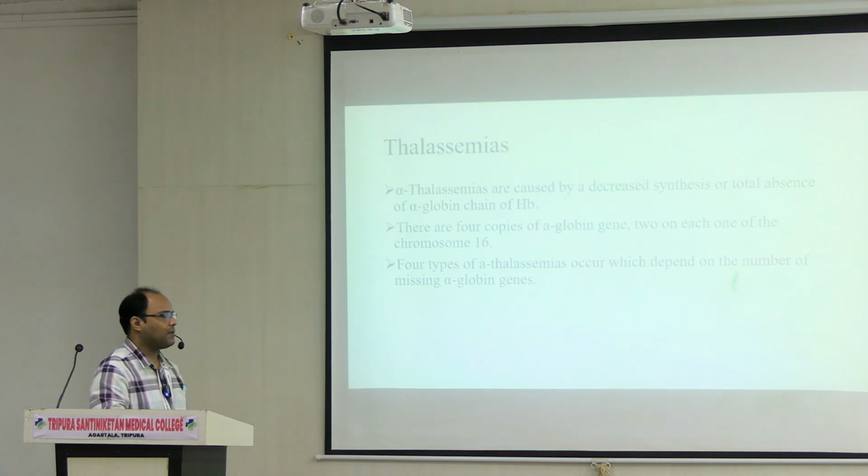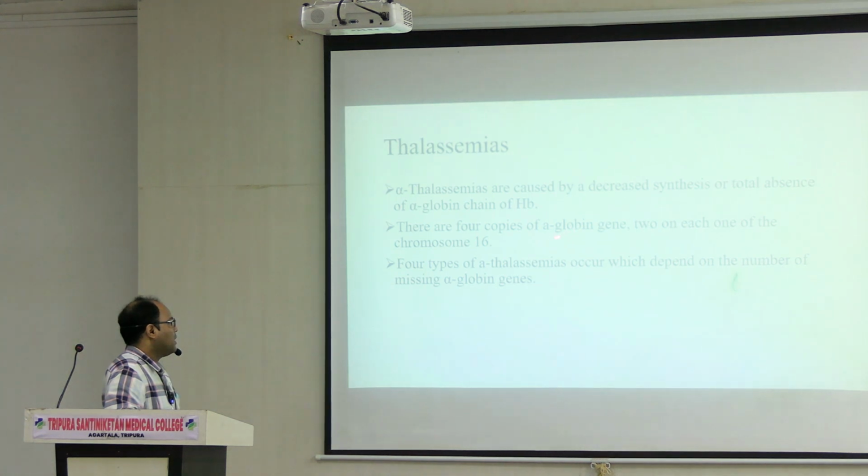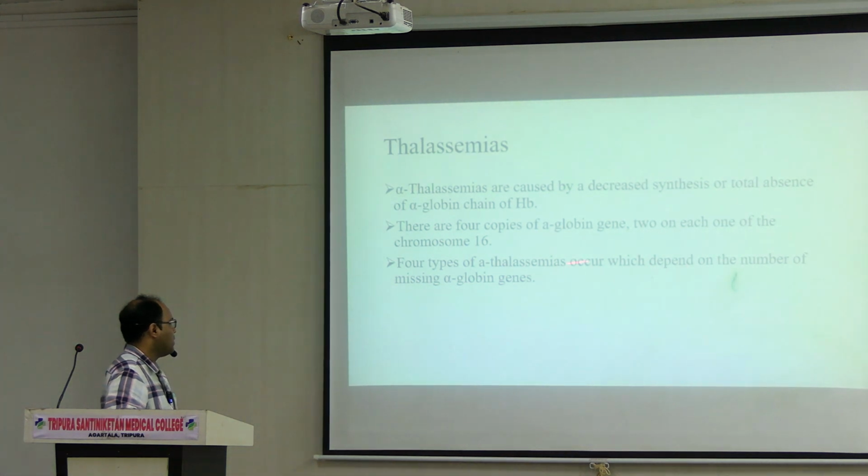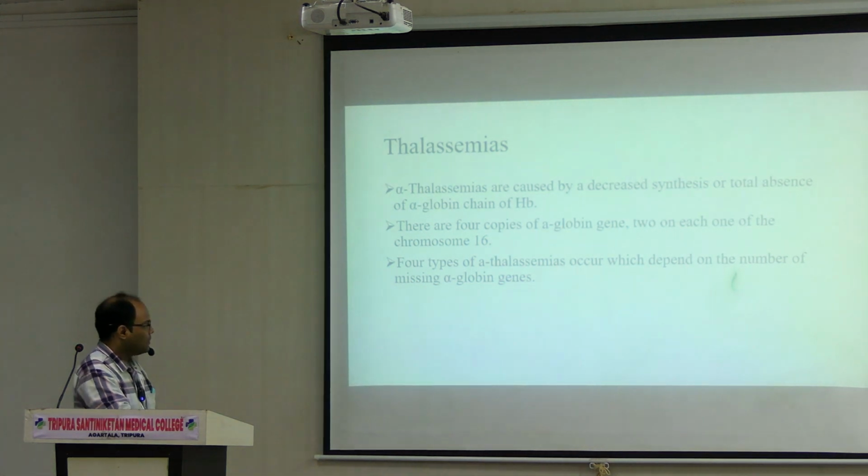In case of alpha thalassemia, this is caused by decreased synthesis or total absence of the alpha globin chain of hemoglobin. There are 4 copies of the alpha globin gene, 2 on each chromosome number 16. 4 types of alpha thalassemia occur, depending on the number of missing alpha globin genes.